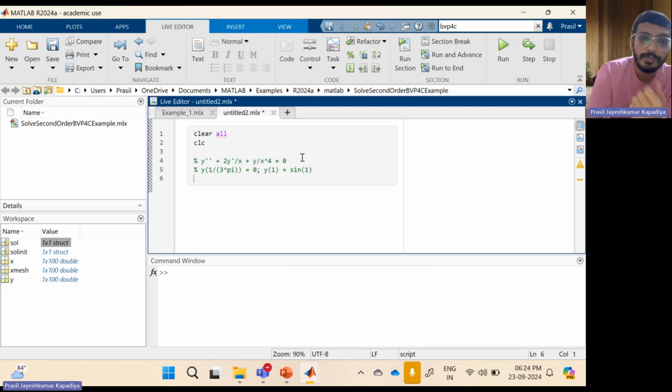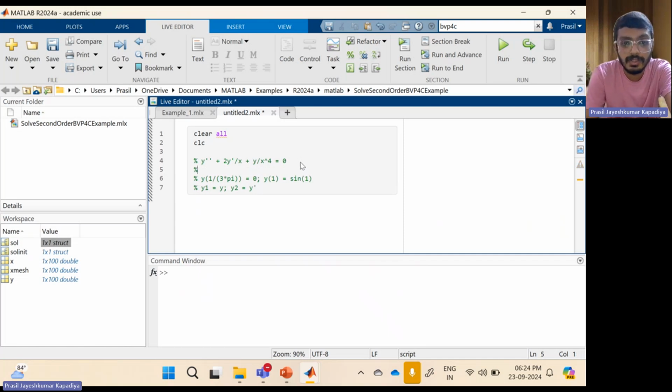Okay, so what we need to write down: y1 is equal to y, y2 is equal to y prime. So our actual equation is this thing. Let me just copy this equation. Correct. So let's first define our mesh.